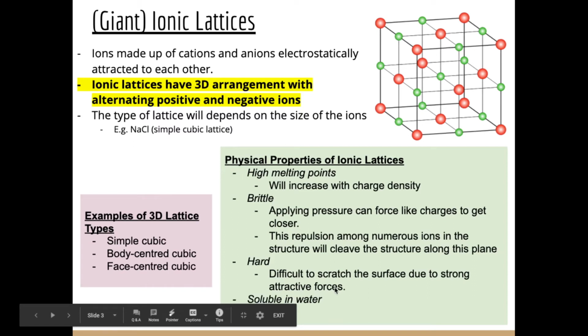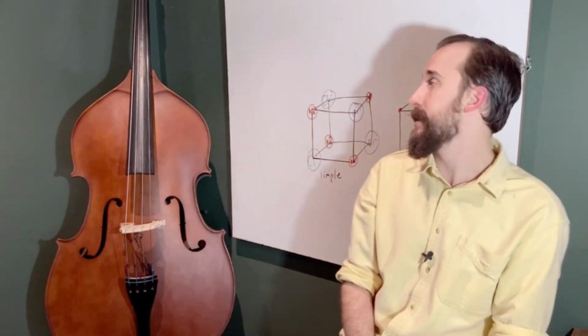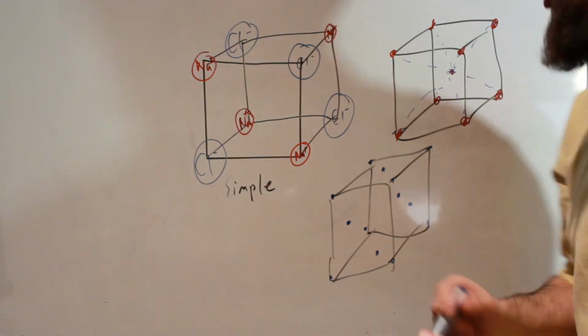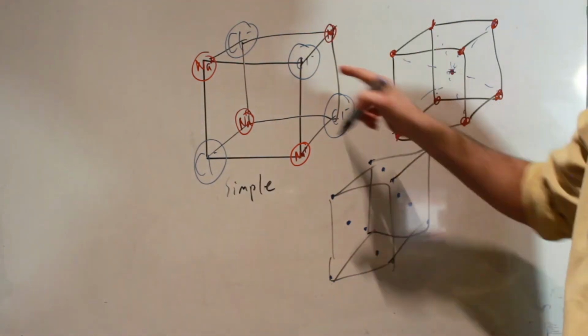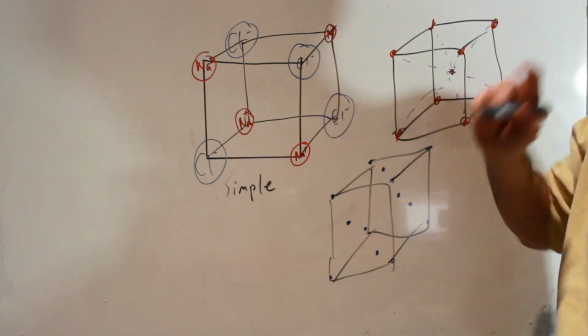They're soluble in water. We discussed that in a previous video, but essentially we know that water is a polar molecule. Water has a positive end and a negative end, and our water molecules can get in to our ionic substances and disrupt the negative and positive charge between them.